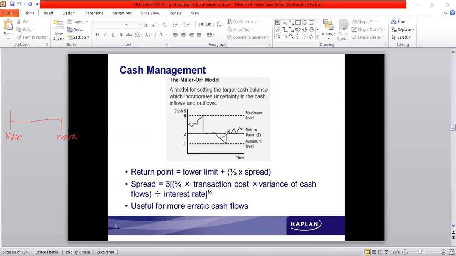And once it goes below the minimum point, at that time, these securities are sold and effort is made to come back to the return point. So return point is given by equations. Just remember them and then apply them. That is cash management of ORR model.